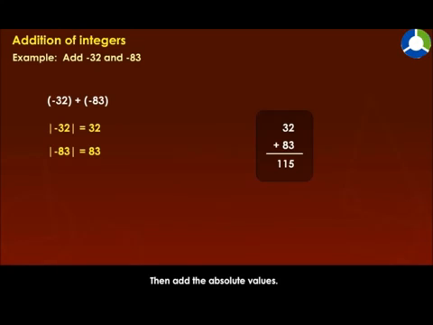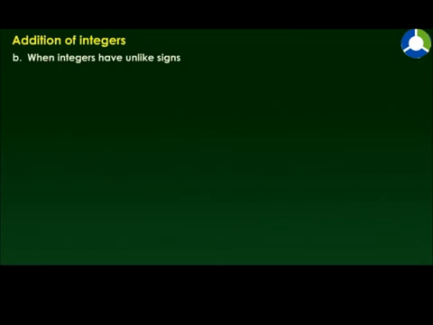The sum of their absolute values equals 32 plus 83, which equals 115. Therefore, negative 32 plus negative 83 equals negative 115.